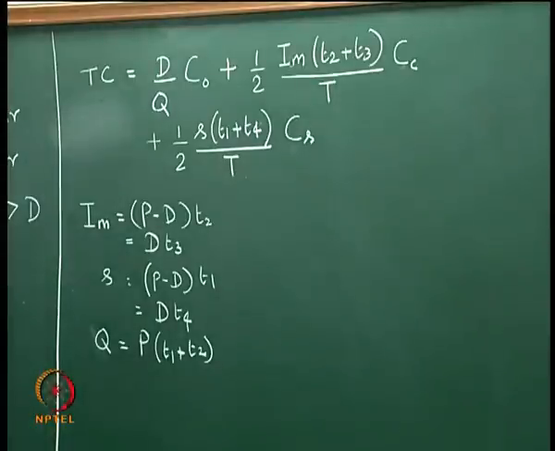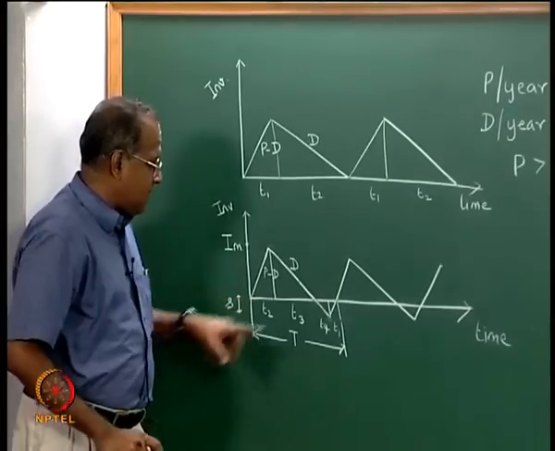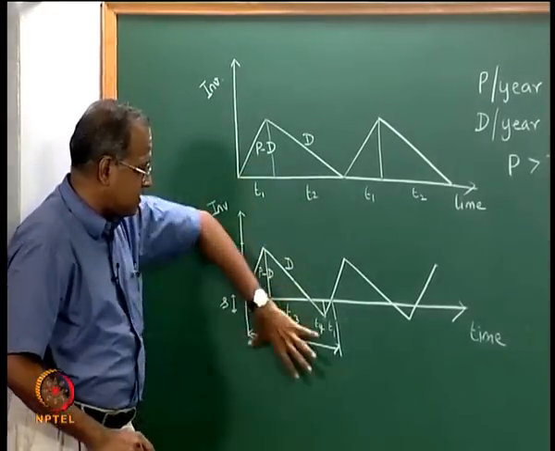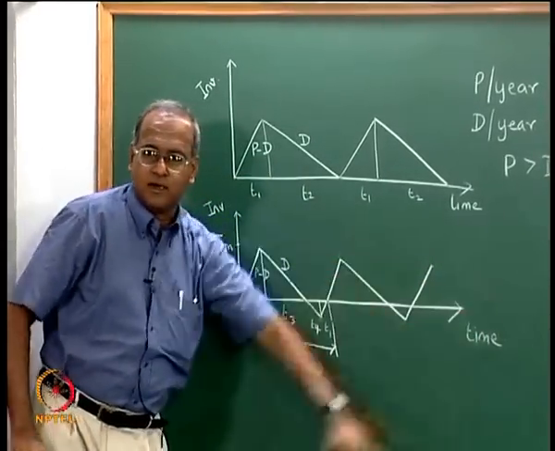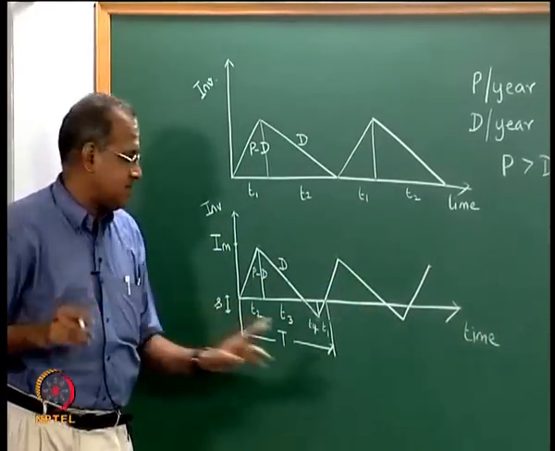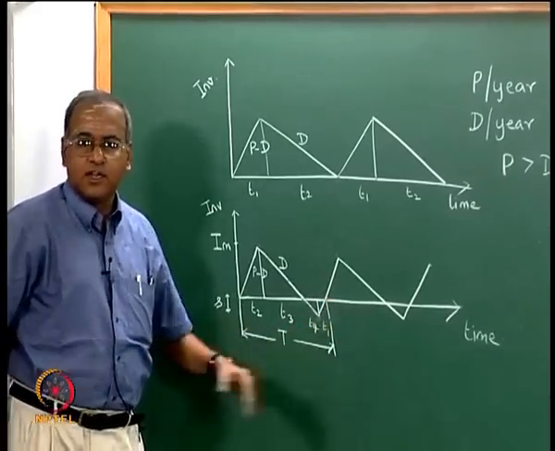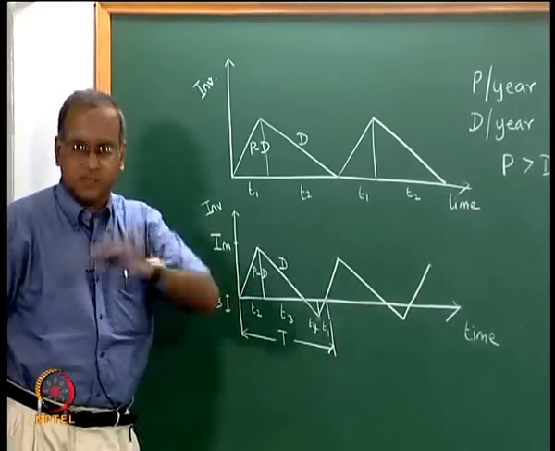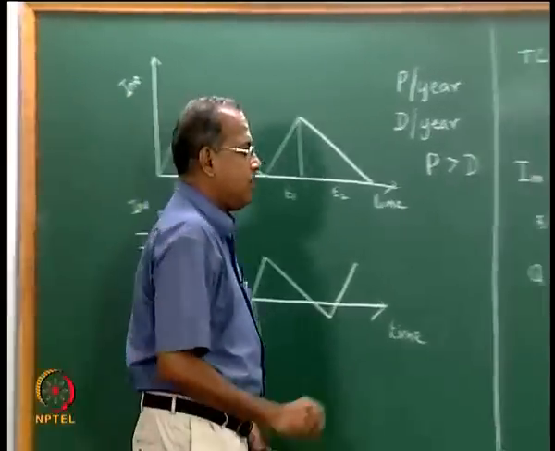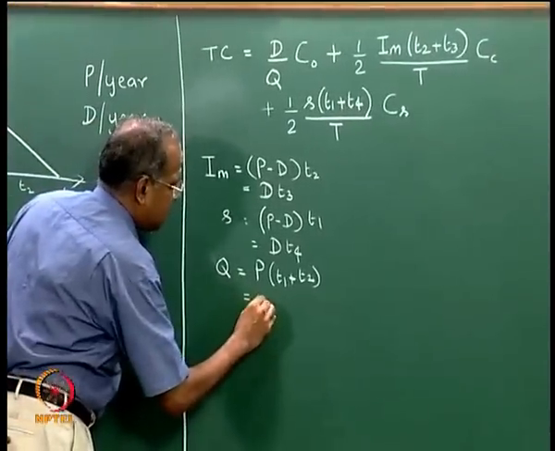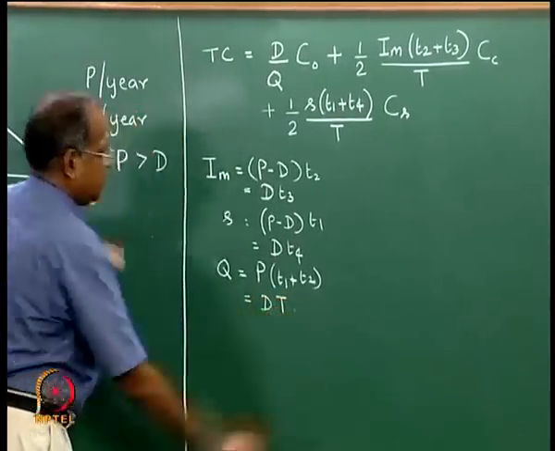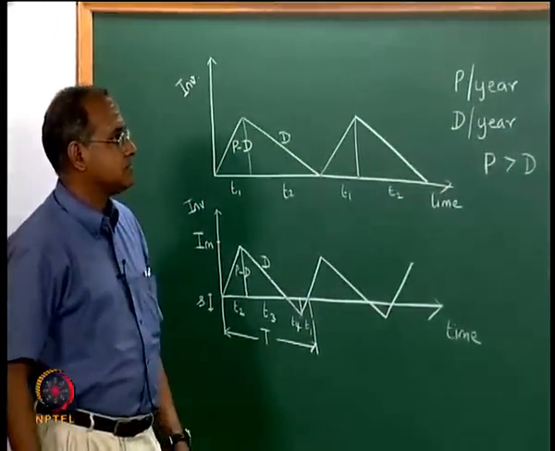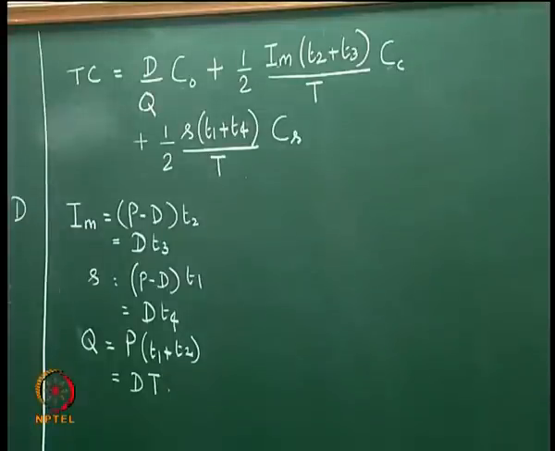And in a cycle, for example, the cycle starts, this is a cycle and there will be one more cycle here. So, whenever the cycle starts, actually the inventory is 0. Therefore, what is produced in the cycle is consumed in the cycle. Therefore, Q is also equal to D into T.